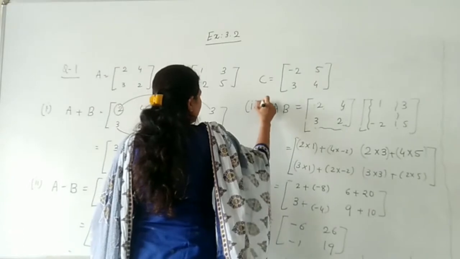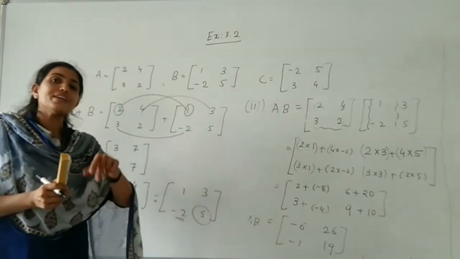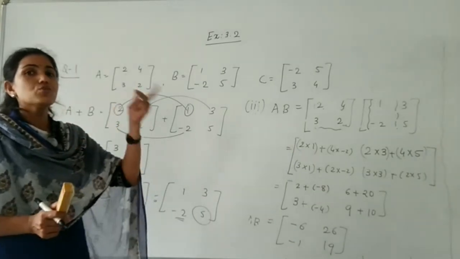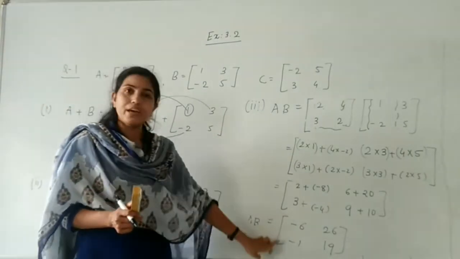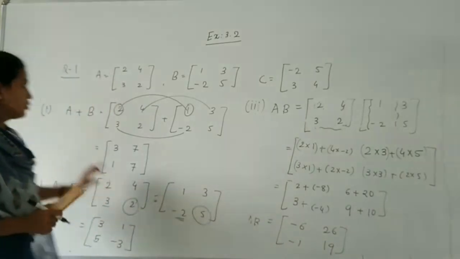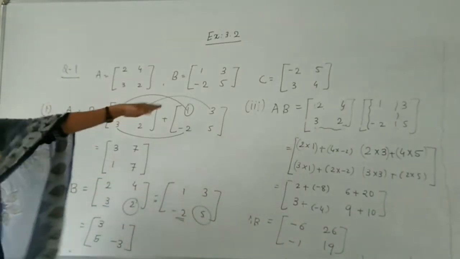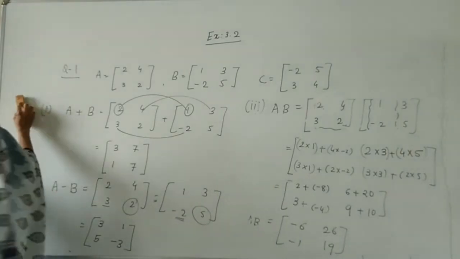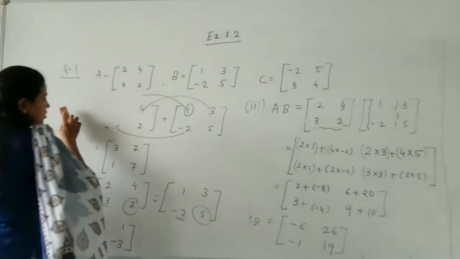So the fourth part, that is we have to find out B into A. Now we are going to define the multiplication B into A. Here AB we have seen. So please note down the parts 1, 2 and 3 in your notebook. Just pause the video and then note down. So now we are going to find out 4.